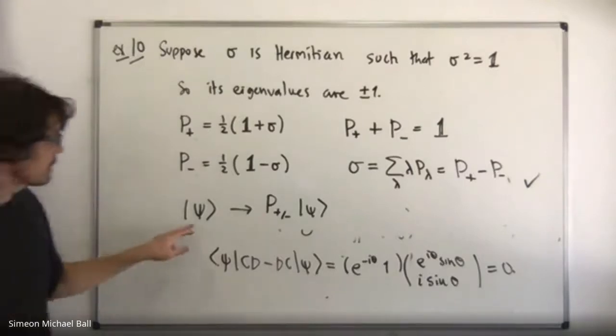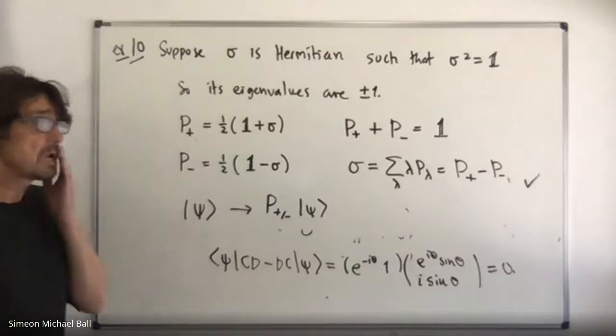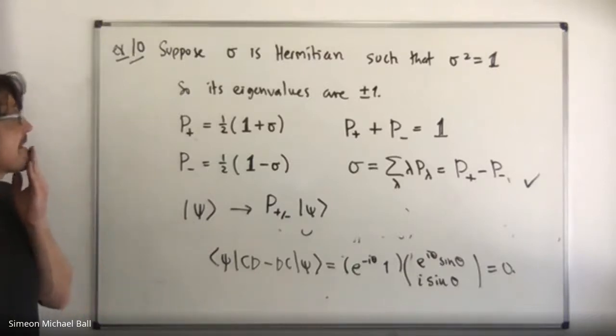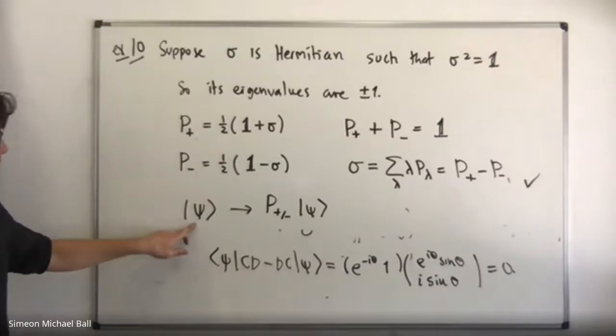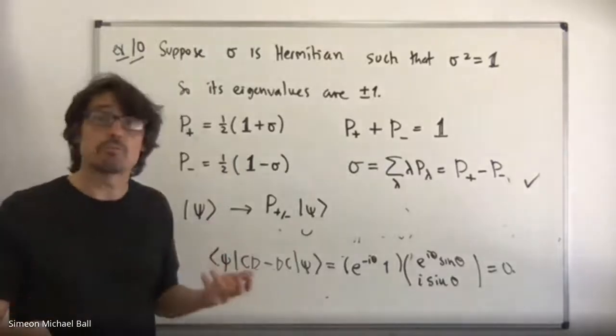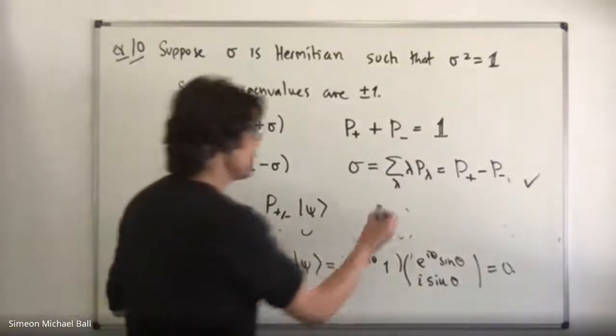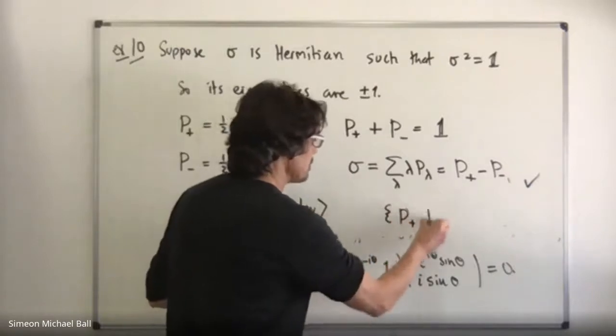So the result after the measurement is always leaving yourself in an eigenstate of the Hermitian operator. Alternatively, you could just think of it as a general measurement, in which case, in the case of a projective measurement, the measurement operators are just the projectors, right?